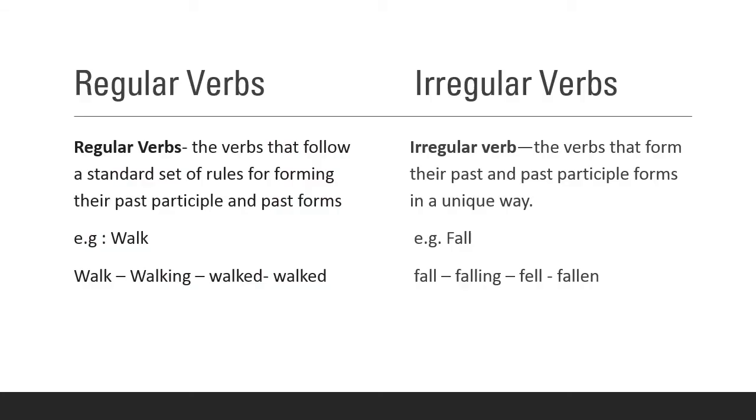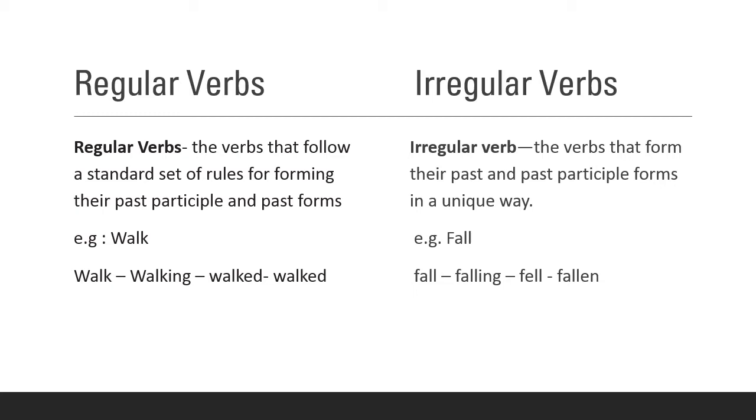Now let's get a quick look at what regular verbs and irregular verbs mean. Regular verbs are the verbs that follow a standard set of rules for forming their past forms and their past participle forms. For example, the verb walk: its present form is walk, and its past form is formed by adding ed, walked.